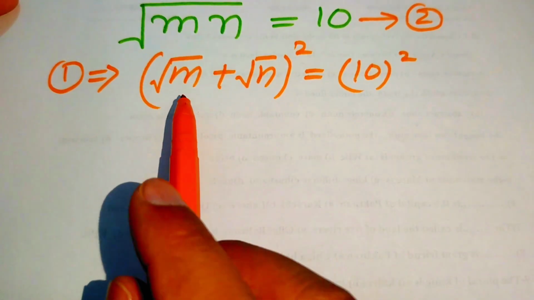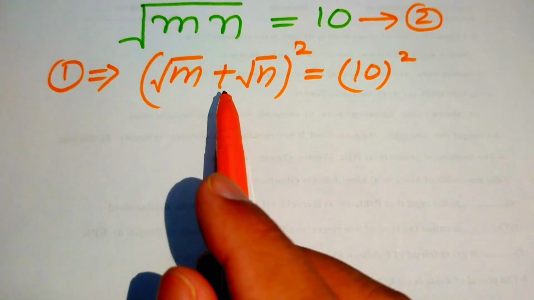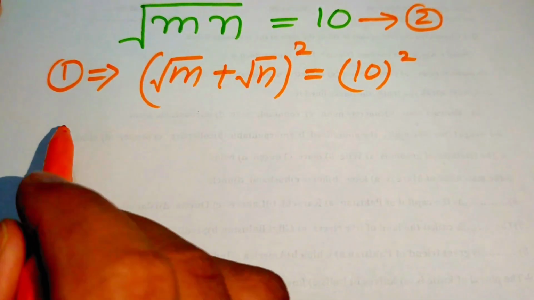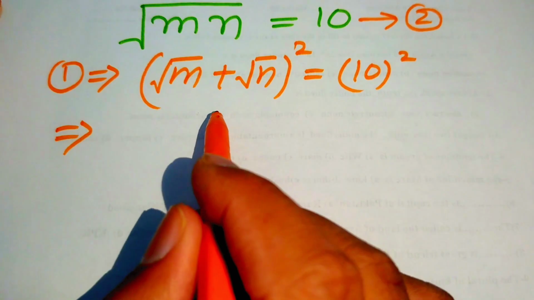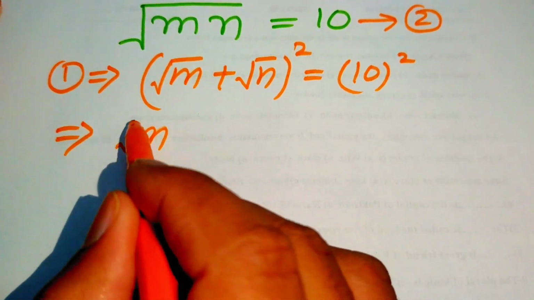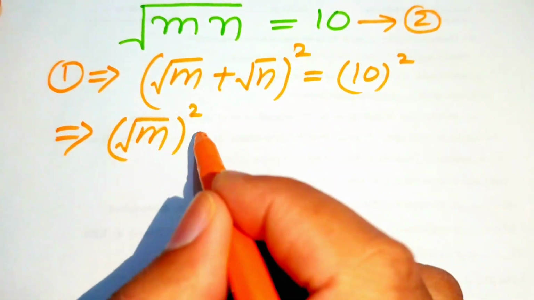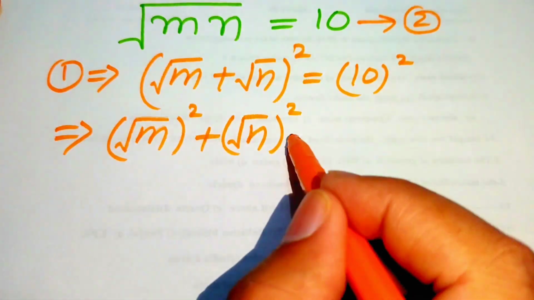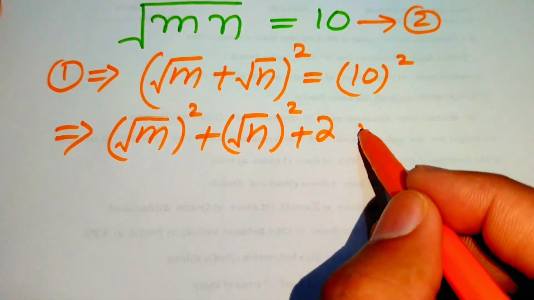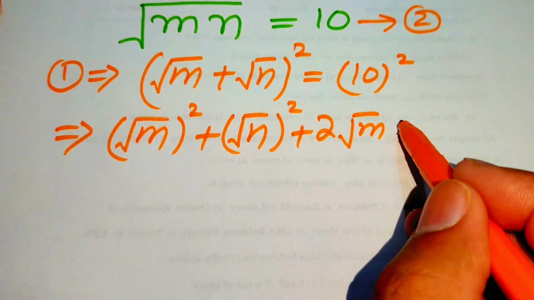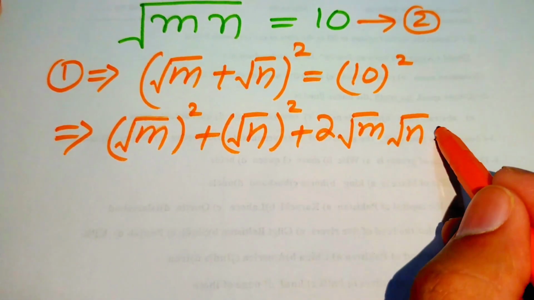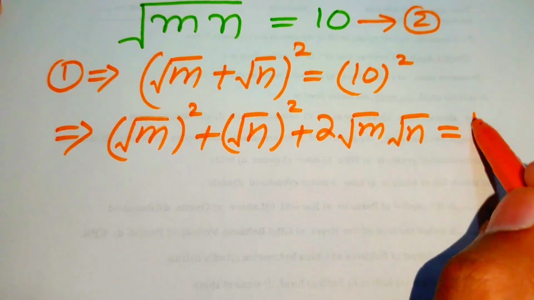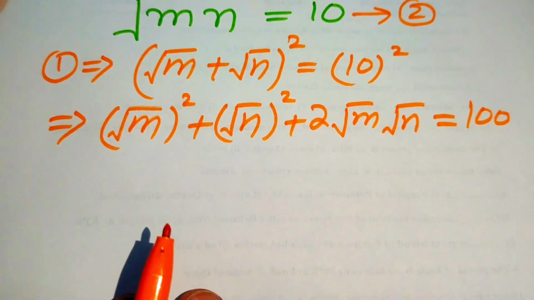Here you see we have (a plus b) whole square, the well-known square identity, and we know that it equals (square root of m) whole square plus (square root of n) whole square plus 2 times square root of m into square root of n, equals 10 square, which becomes 100.